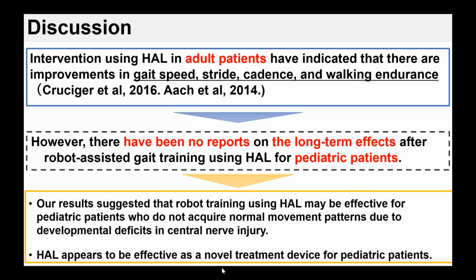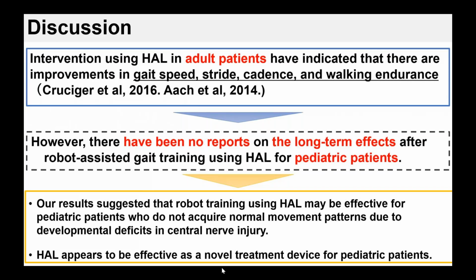However, there have been no reports on the long-term effect after robot-assisted gait training using HAL for pediatric patients. Our results suggest that robot training using HAL may be effective for pediatric patients. Thus, HAL appears to be effective as a novel treatment device for pediatric patients.